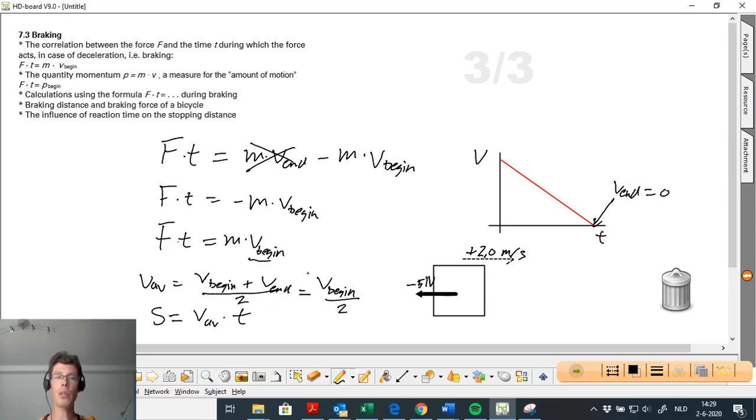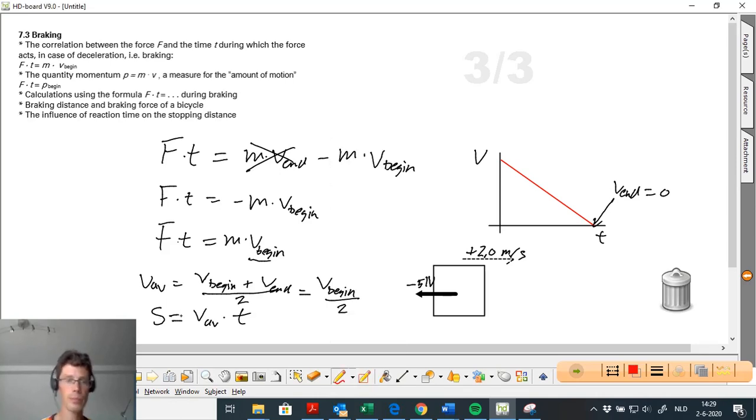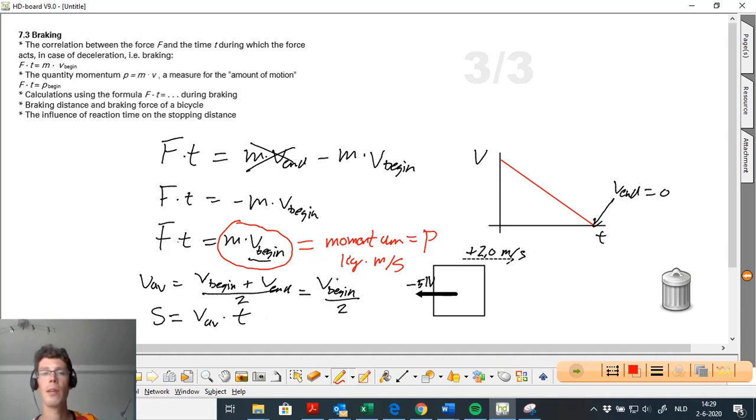There's also something special about this equation that I need to talk about. That's the right part of it. This part is also known as momentum. The symbol for momentum is P, and the unit of momentum is kilogram times meter per second, because you're multiplying mass with speed.